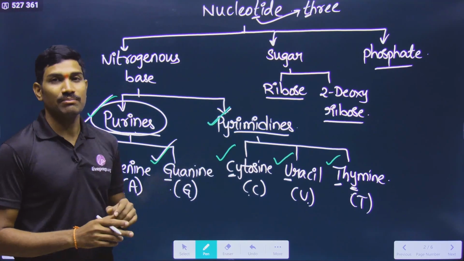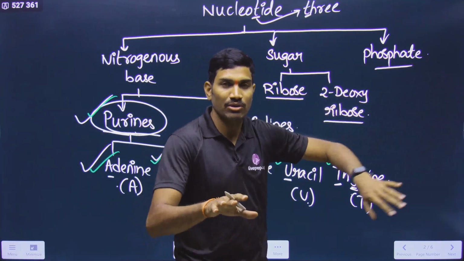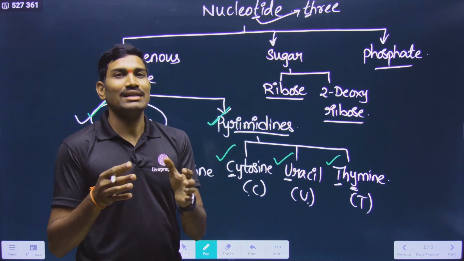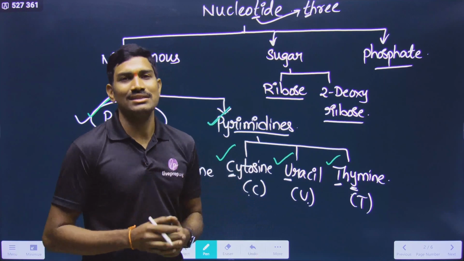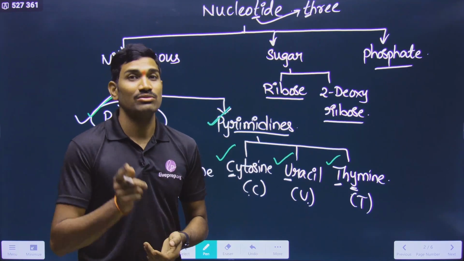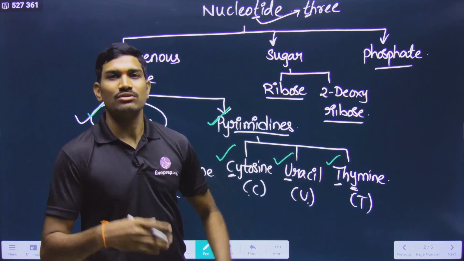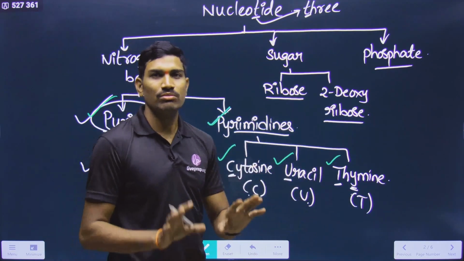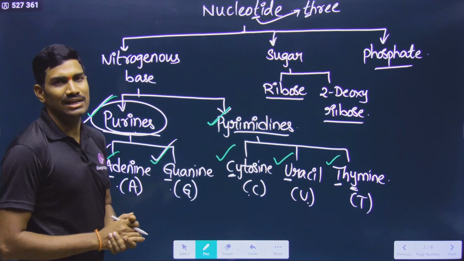You need to remember them, because in the next lecture we need to interlink them, and I will directly write the structures. If you don't know the structure, how will you understand the concept? That is why I am giving the structures first and stopping here, so that you can practice. When you come to the next lecture, you should be ready with the structures, so that you can easily understand what structure I am drawing.